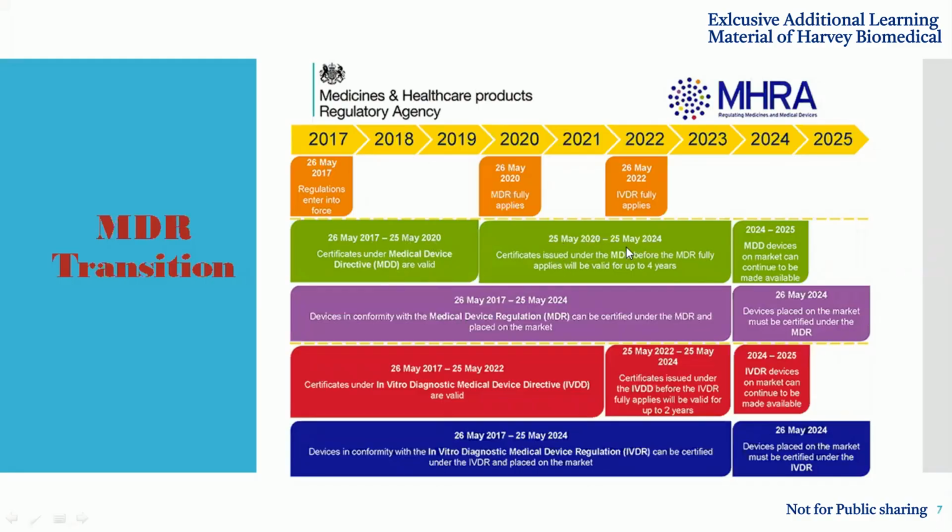From 25th May 2020 to 25th May 2025, a certificate issued under MDD before the MDR fully applies will be valid up to 4 years. It means if the certificate is issued before 25th May 2021, it is still valid for 4 years. After 2024, the MDD devices on the market can continue to be made available on the market.